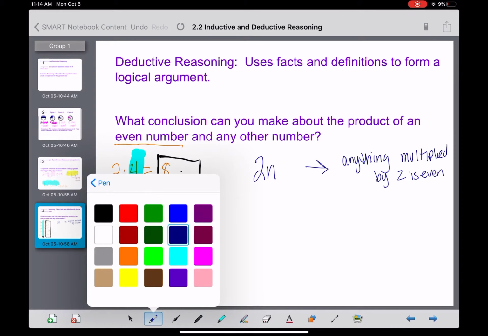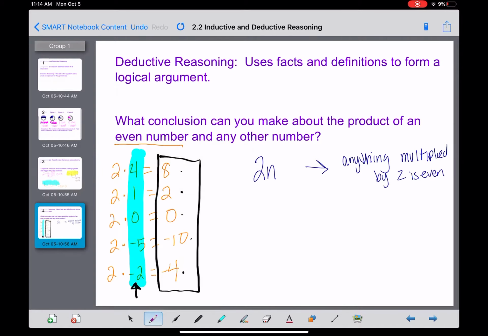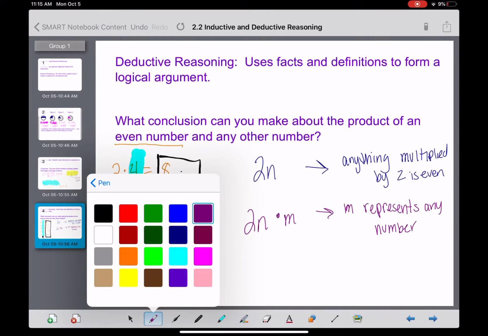Then they are asking me to multiply this by any integer. So I'm going to multiply 2n, our even integer, times m, where m represents any integer at all. M represents any number. It can be odd, it can be even, it can be negative, it can be positive, any number at all. So now I'm going to actually take the product.